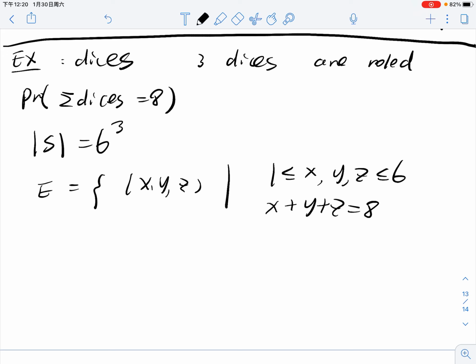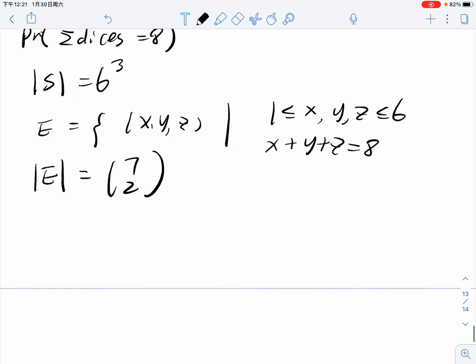Okay, and now the cardinality of E is 7 choose 2, because that is just the case when the sum R is less than or equal to the upper bound for the variables.